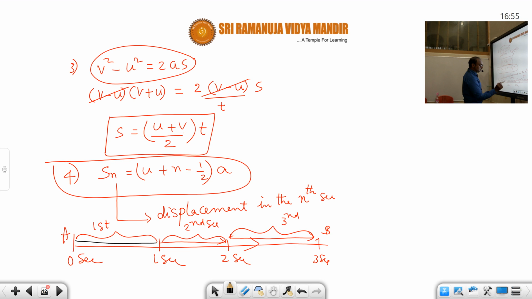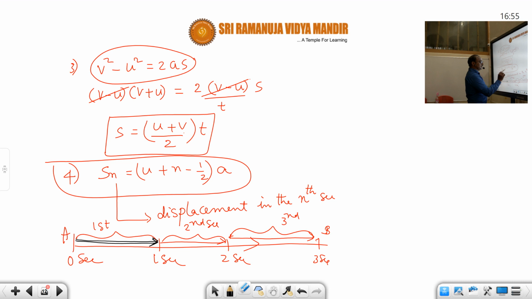See here, Sn equals u plus (n minus half) into a, where u is called initial velocity, n is called the particular second, and a is called acceleration.